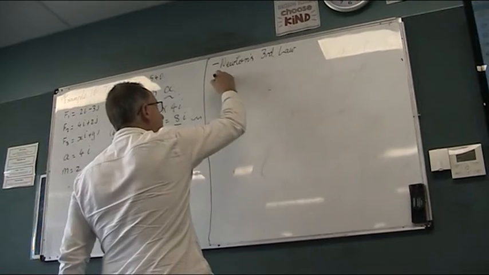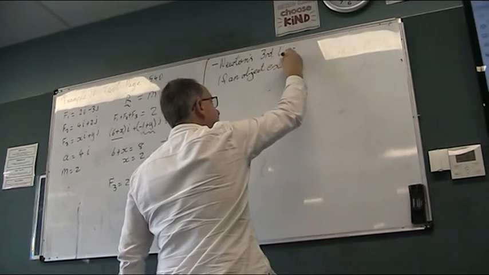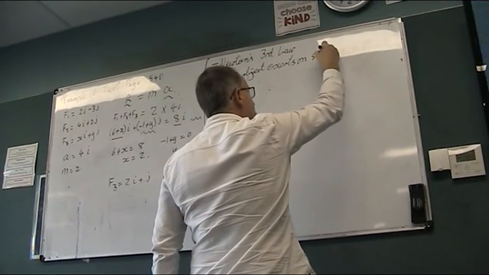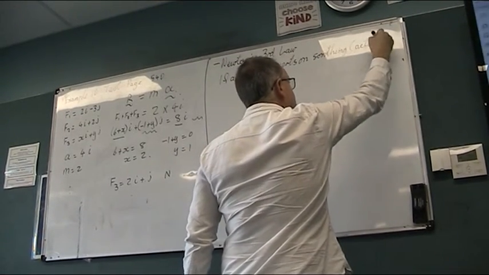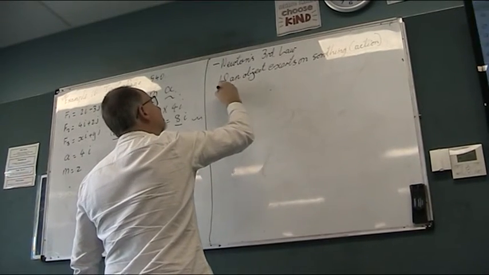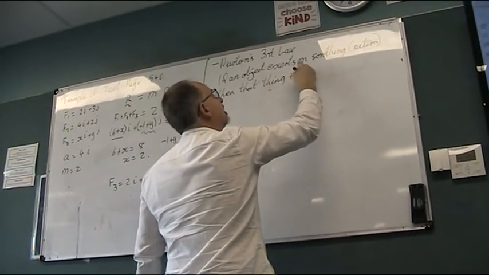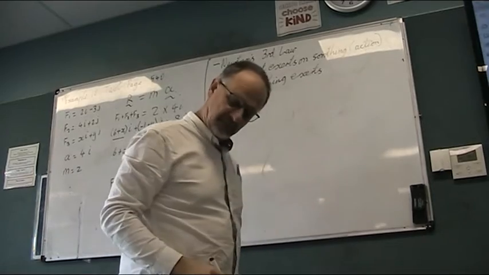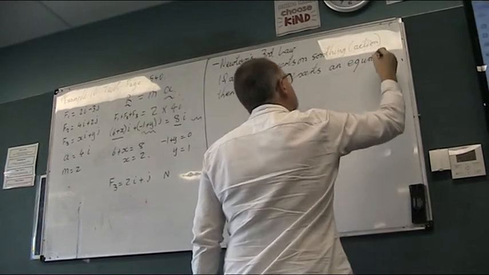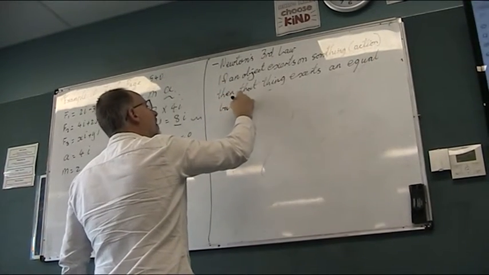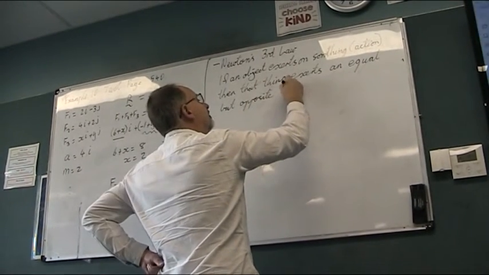So Newton's third law says if an object exerts a force on something, can't spell, the action, then that thing exerts an equal but opposite force back.